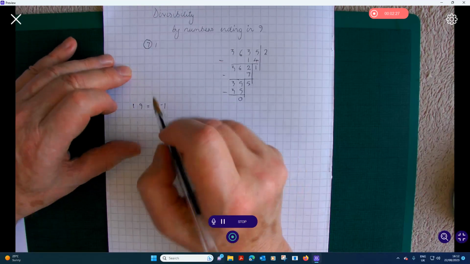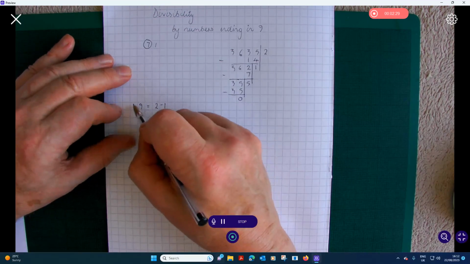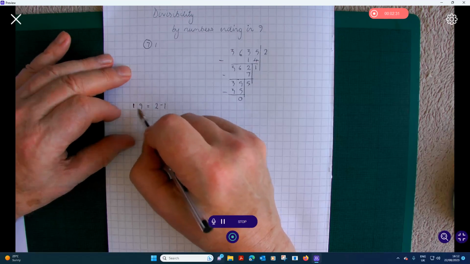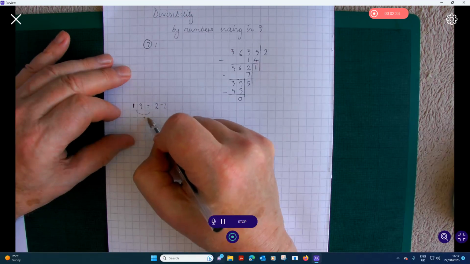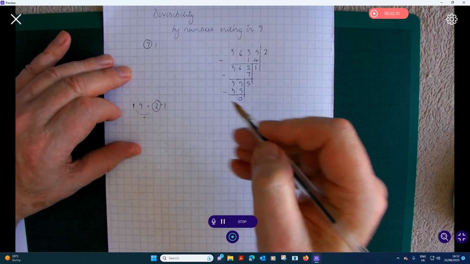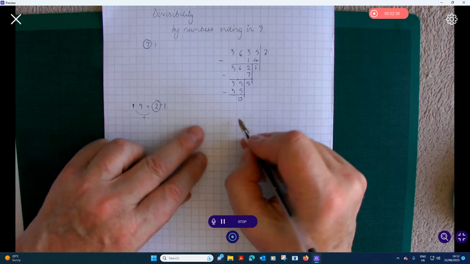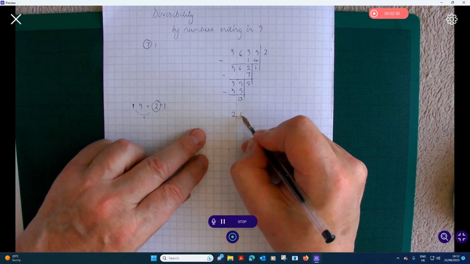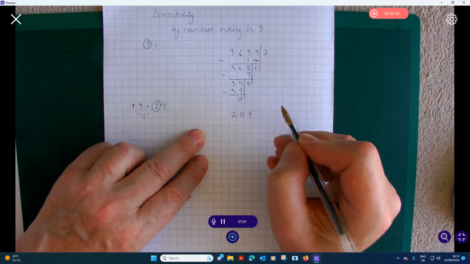Now, the operator is going to be 1 more than the digit in front of the 9, so we're going to add 1 to that, and there's our operator 2. And let's see what happens. We've got the number 209. Is that divisible by 19?